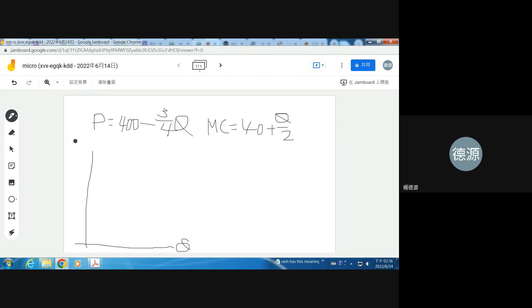So the price is here, right? So this is the demand curve. So let me see how much it's going to be. Well, I will try my best, but anyway.